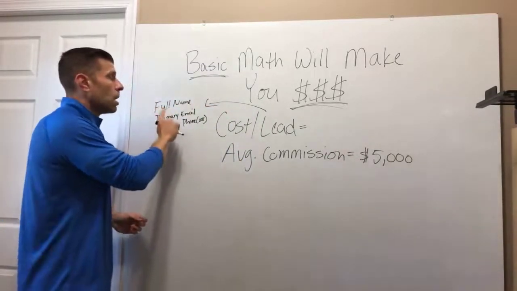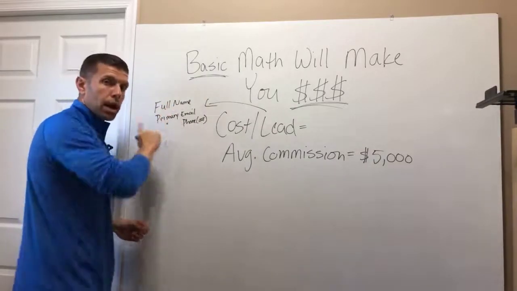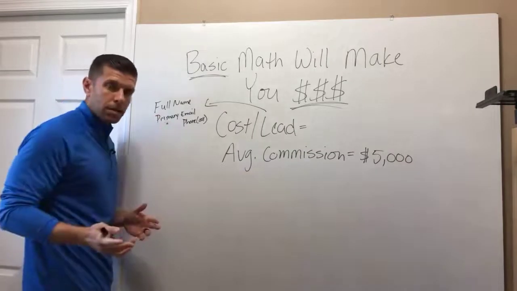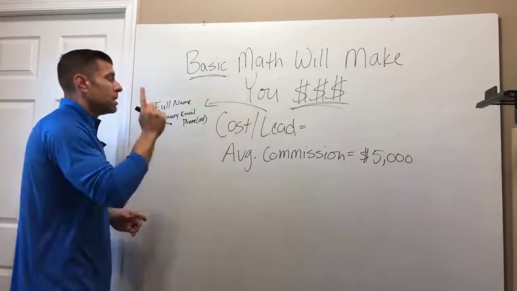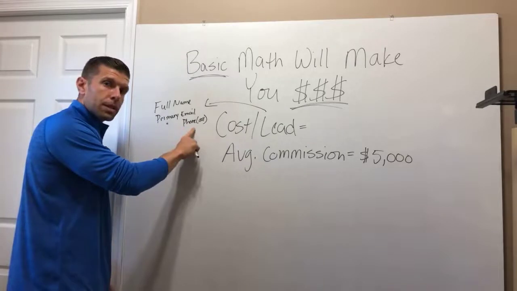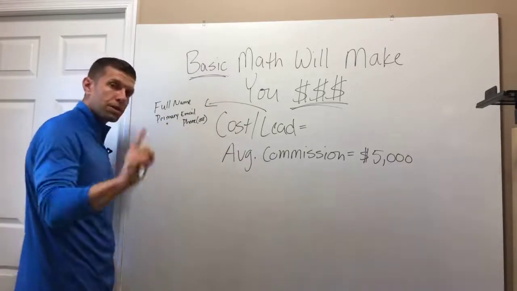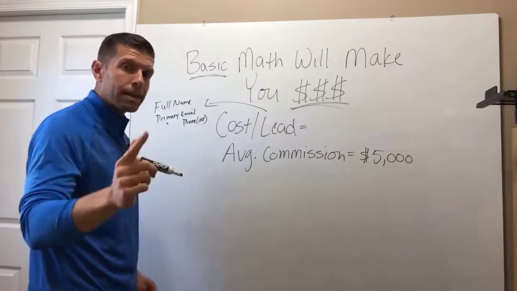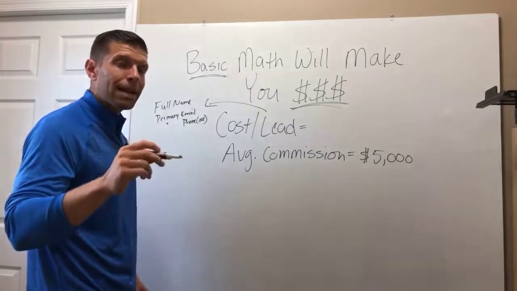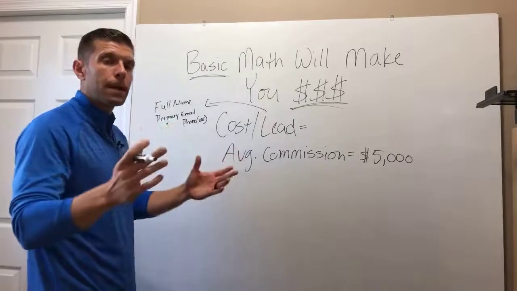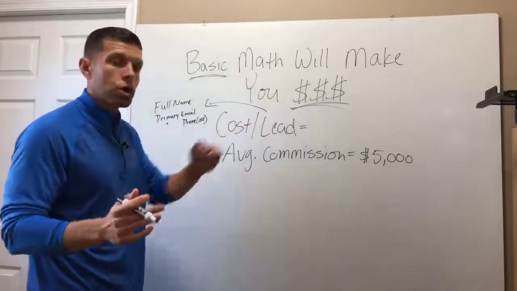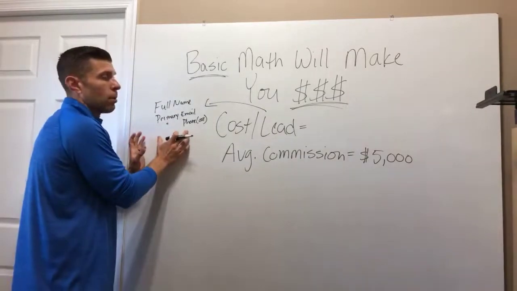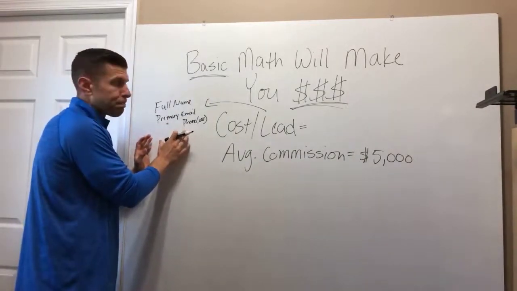Number one, this information is virtually 100% accurate. We don't get any Mickey Mouse at mickeymouse.com, none of that kind of stuff. 90 to 95% of the time, this primary phone number is their cell phone number, so we have the ability to text them, which is how we get an exponentially greater number of our leads to turn into clients. Okay? So this is what we're talking about when we have a lead.